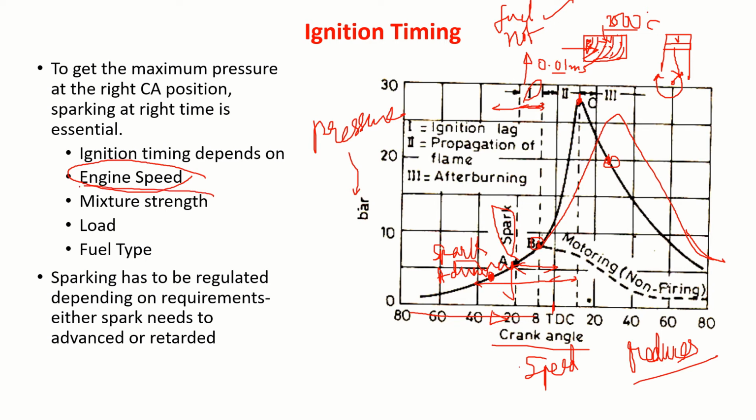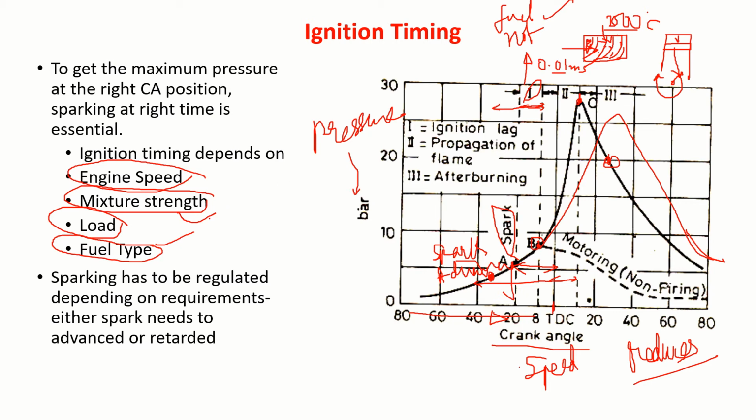Again, if it's a rich mixture, if the load is very high and the temperature is high, probably you can retard the spark. Depending on the fuel type, you have to find out where exactly we should have the spark, because we have to understand the ignition delay of that fuel. Mixture strength, whether we are talking about a lean mixture or a rich mixture. Rich mixture means the flame will travel very fast.